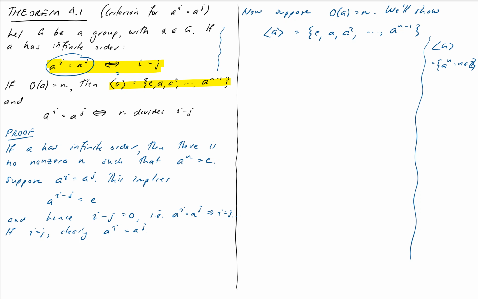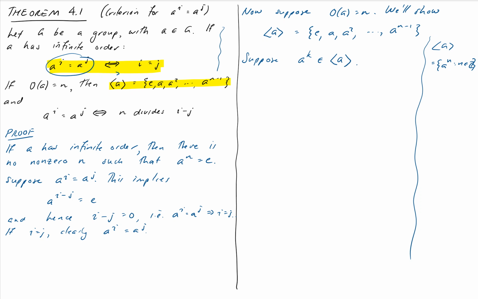Okay, so we will suppose that a to the k is a member of our cyclic subgroup, where k can be any integer, and what we'll do is show that it's equivalent to one of these n entries. And the clever trick for doing this is to use the division algorithm. The division algorithm is something that's really useful for resetting an arbitrary integer into one between 0 and n.